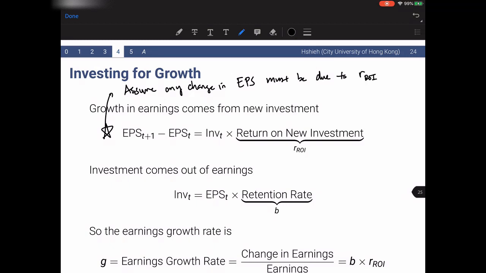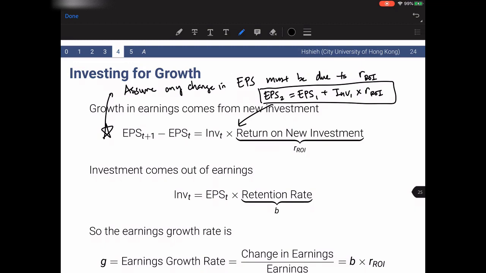Or in other words, I can write this recursively. EPS2, the second period's EPS, is equal to the previous EPS plus how much I decide to return as investments times our ROI. And if you use this equation here, you can actually arrive at the same equation.